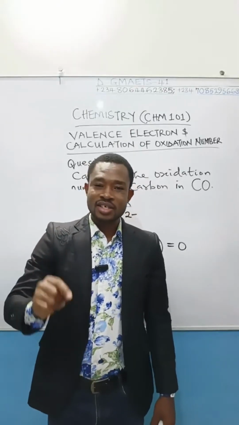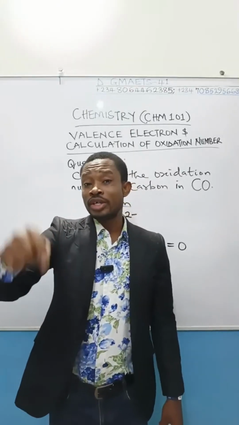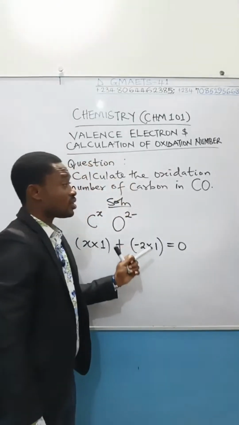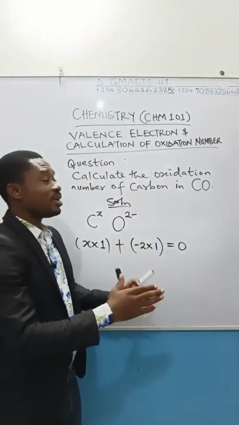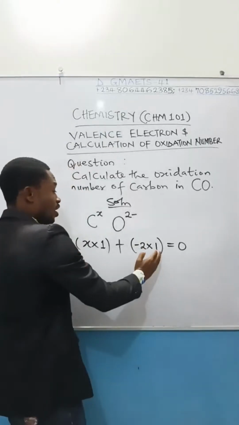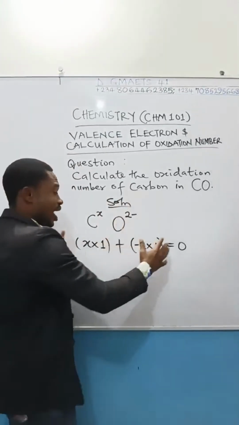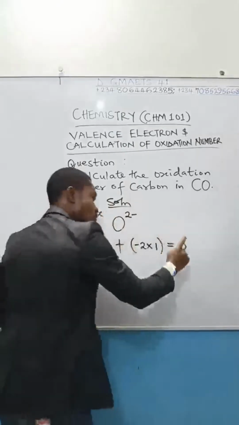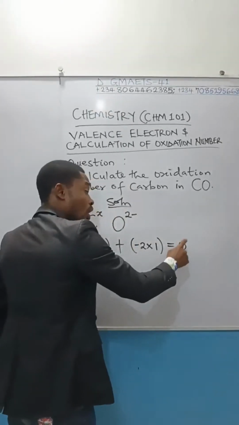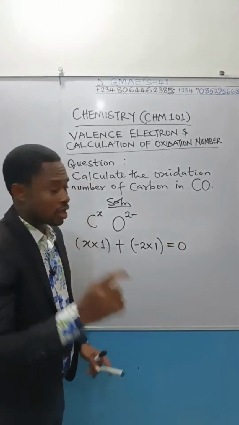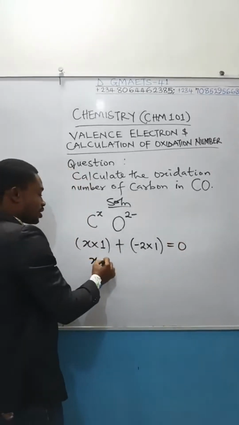I keep emphasizing this because whenever you are solving the oxidation number of any element in a compound, you apply that formula, multiply the valency by the atomicity, add them for each element. The next thing you equate it to is what? You equate it to what?